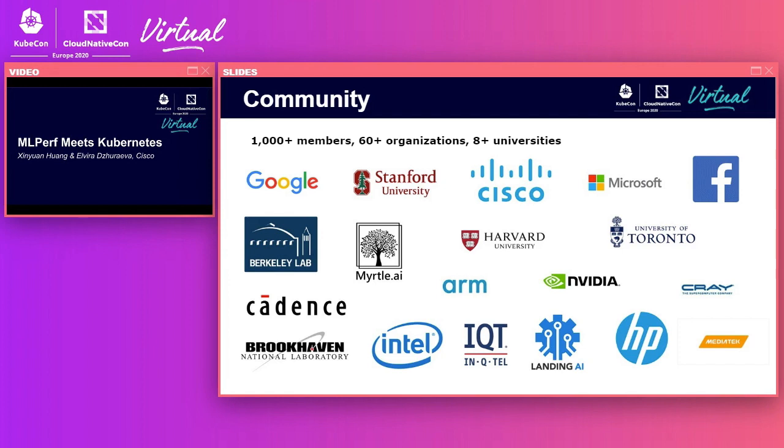You can see very big enterprise companies such as Google, Cisco, Microsoft, HP, and many others contributing to it, as well as very prominent universities such as Harvard, Stanford, and the University of Toronto. All these communities are heavily working on one set of benchmarks that can be used across the industry.